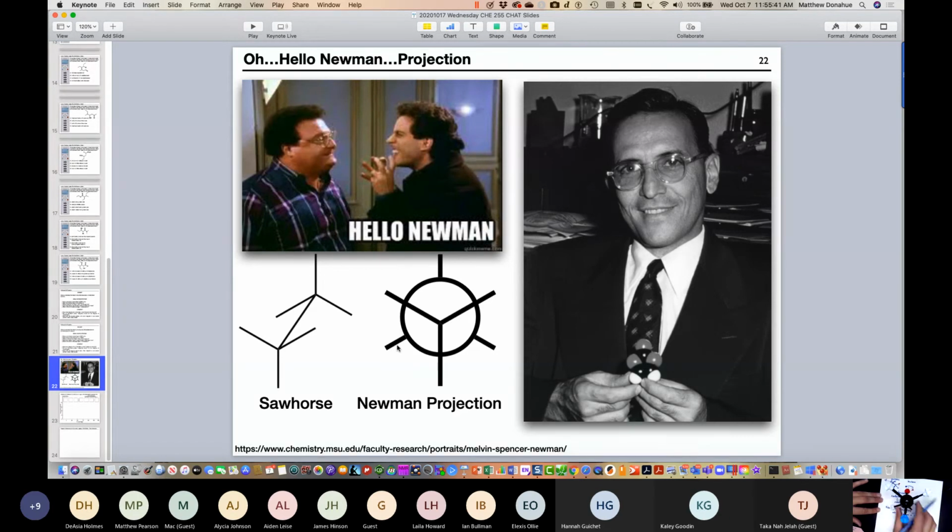So even though the model is showing it to you right now, let's go ahead and we're looking down 2 and 3. Let's go ahead and draw that Newman projection. So right now I'm looking at the carbon I'm pointing to, which is carbon 2.